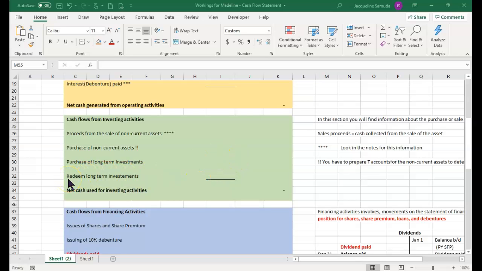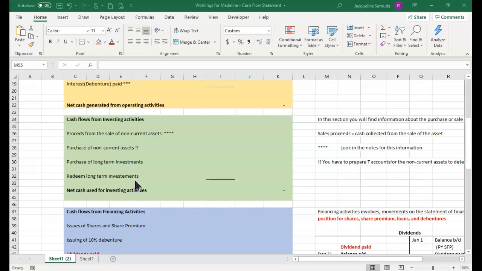Now the other part is redeeming long-term investments. Now what do you mean by the word redeem? Whether the investment is long or short term, the company may decide, listen, we need this cash, we need cash from this investment.